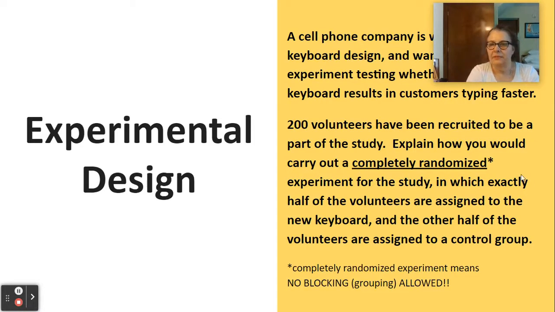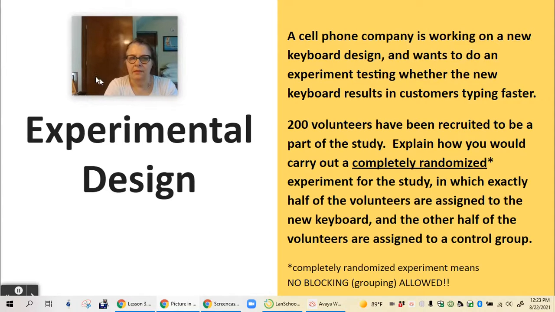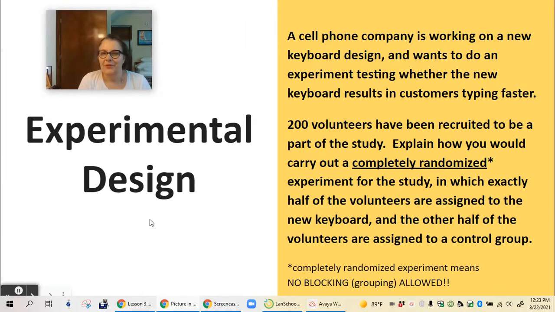So here's an experiment that we're going to look at. A cell phone company is working on a new keyboard design, and they want to do an experiment testing whether the new keyboard results in customers typing faster. They have 200 volunteers who have been recruited to be part of the study.